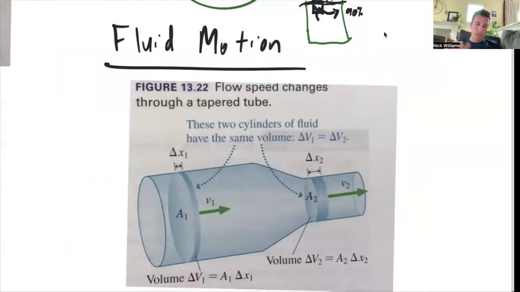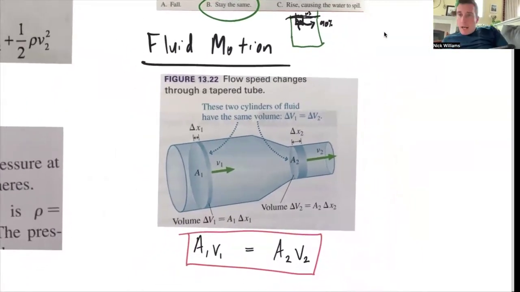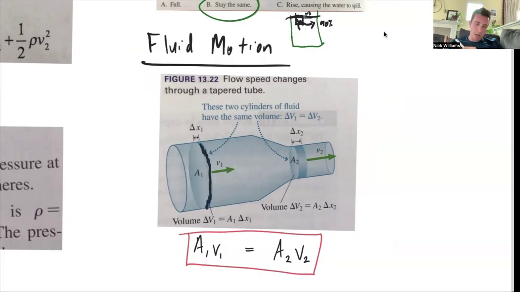All right, fluid motion. Big idea here is that the same amount of volume passes through a tube. So if I go from a larger tube to a smaller tube, I need to speed up the water so that the same total amount of volume, this is the volume right here versus the volume right here, remains the same.